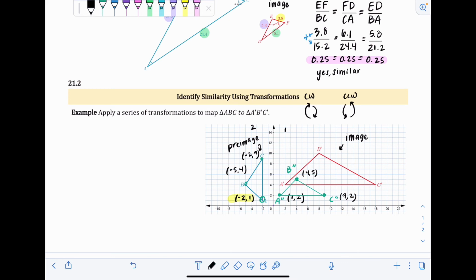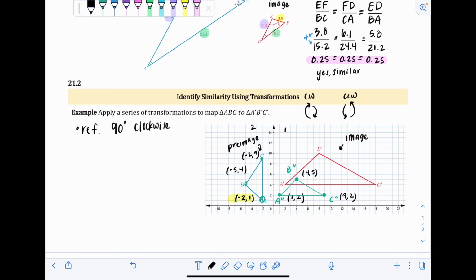So I'm going to label each of the points of what we're trying to get to. And that might help us see what change needs to happen to actually get to that red triangle. So far we've done a reflection and a rotation 90 degrees clockwise.